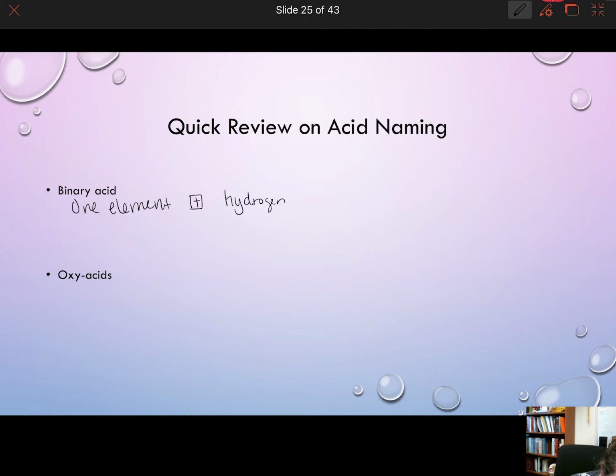And we could look at that one element. This would be an anion, and this would be our H+. So we add them together to get a neutral species. So for our anion itself, we take its element name and we remove the ending, add in the ending "ic", and then we add the prefix hydro.